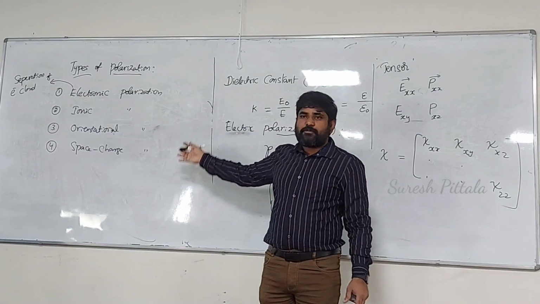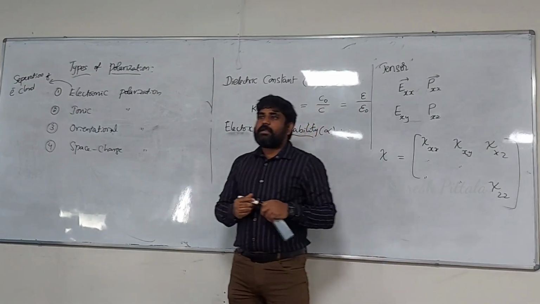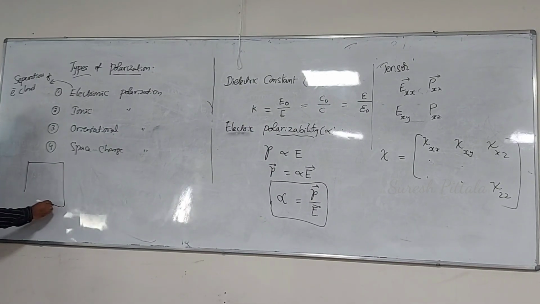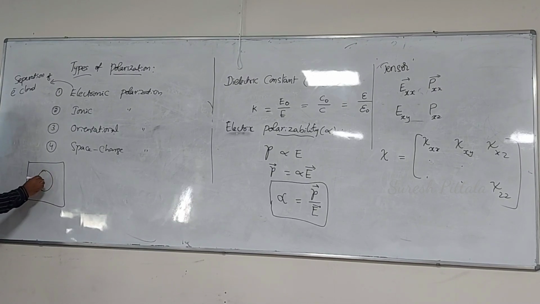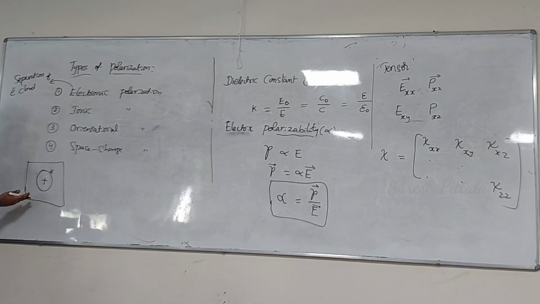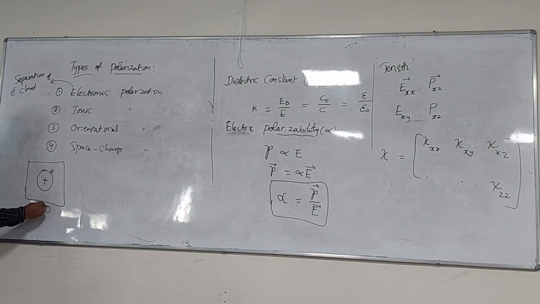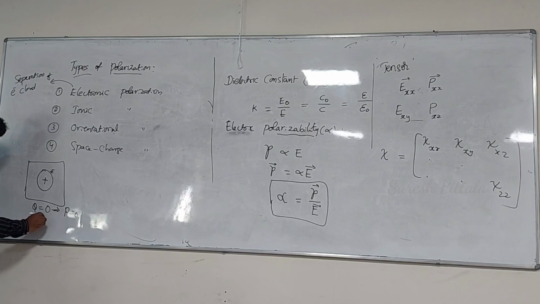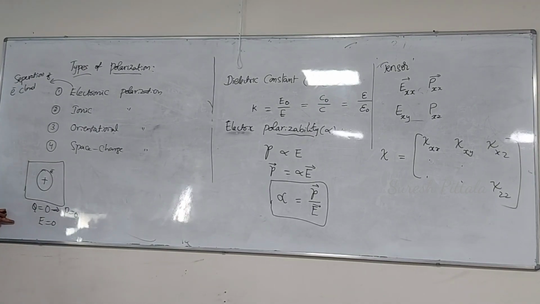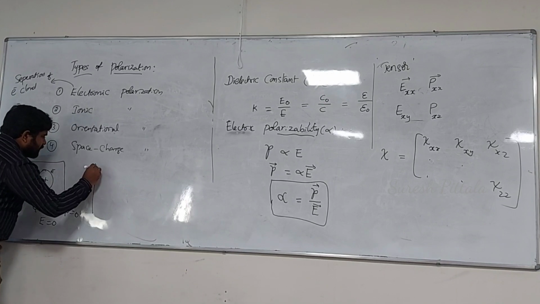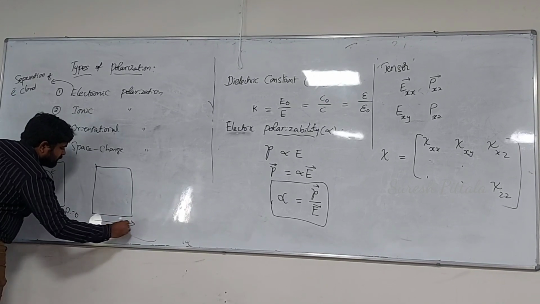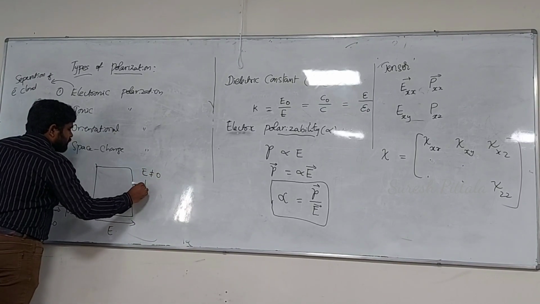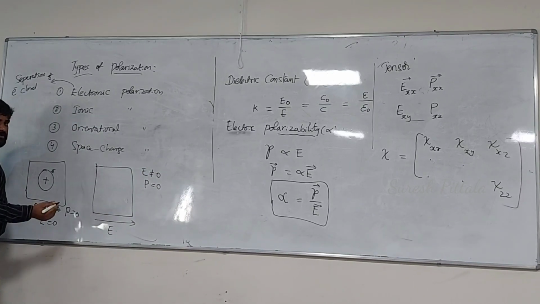If we are asking for 4 marks, explain about the different types, you have to draw neat diagrams. What does the diagram look like? Take a material like this and show an atom with equal and opposite charges. Then your total charge becomes 0. Therefore, the total polarization becomes 0 when you don't have any applied electric field. But when I apply the electric field, which means when E is not equal to 0, your polarization is also not equal to 0.